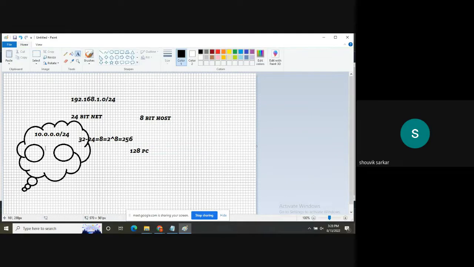So if we have this slash notation 10.0.0.0/24, that means the maximum we can allocate is 120 computers. Is it clear? Or do you have a doubt? Ask me.